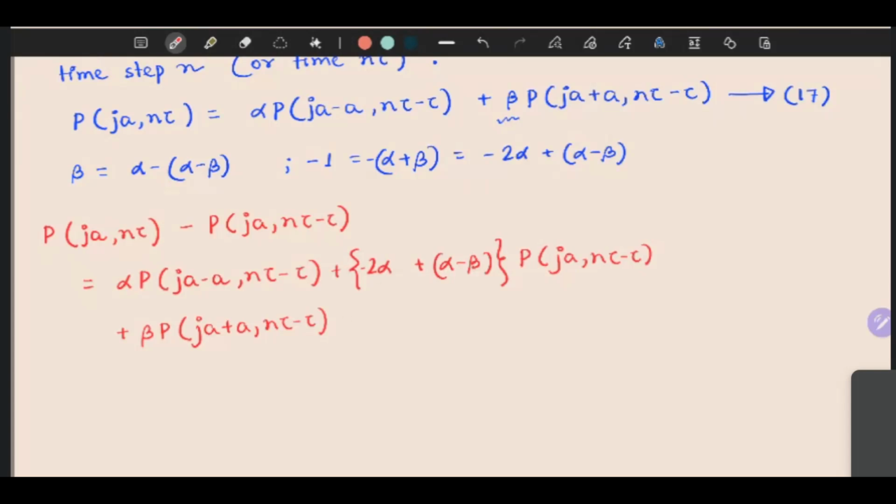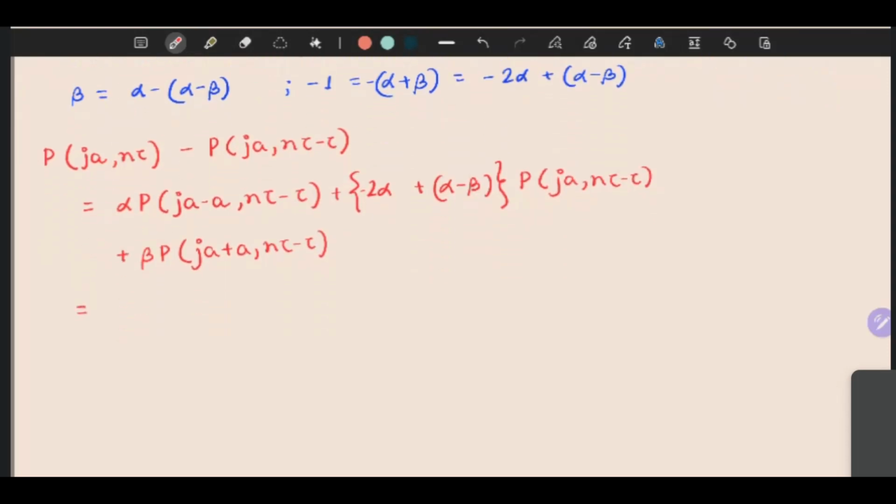So now you write those things in a singular way, with beta as alpha minus beta.